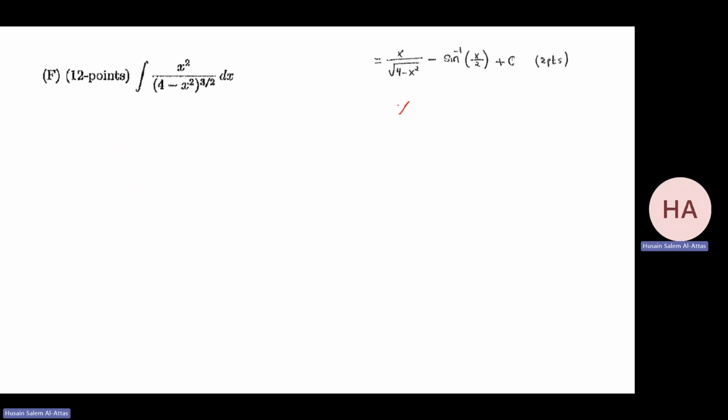X squared over 4 minus x squared. Yeah, I let x equal 2 sine theta. x will be 2 sine theta. dx will be 2 cosine theta d theta.